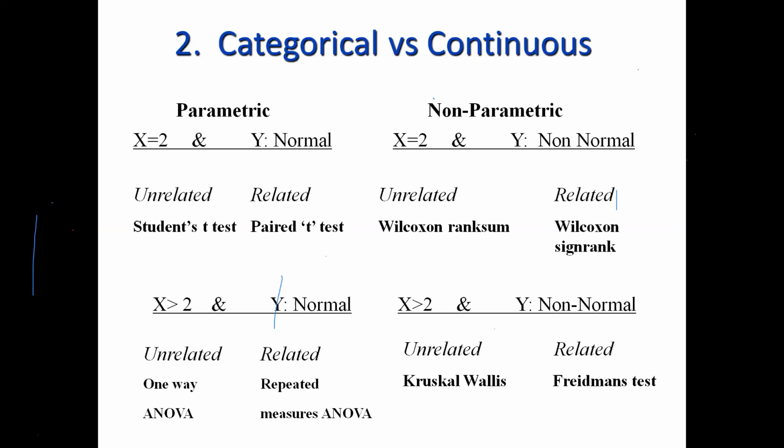So 3 time points. Because the same observation is taken at repeated time points, more than 2, we apply repeated measure of the ANOVA. So better you take the picture of this slide. This slide will give you a complete idea of which statistical test you will apply.